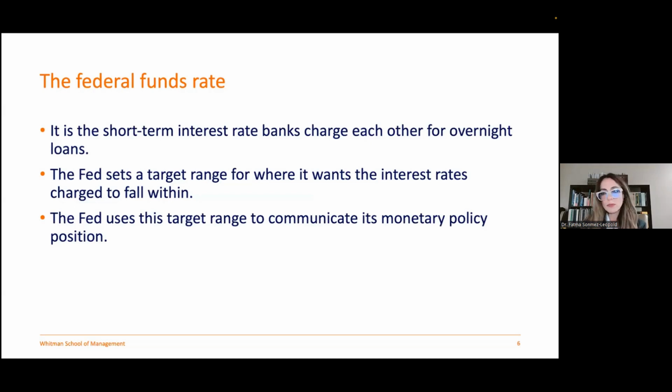The Federal Reserve Bank sets a target range, not even a level, a range, and when banks borrow from one another, they lend and borrow around this range. The Federal Reserve Bank uses this target range to communicate its monetary position. So if they increase this rate, clearly you would understand that they are trying to increase interest rates.